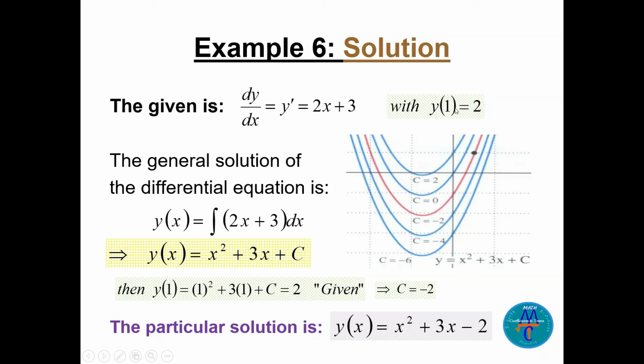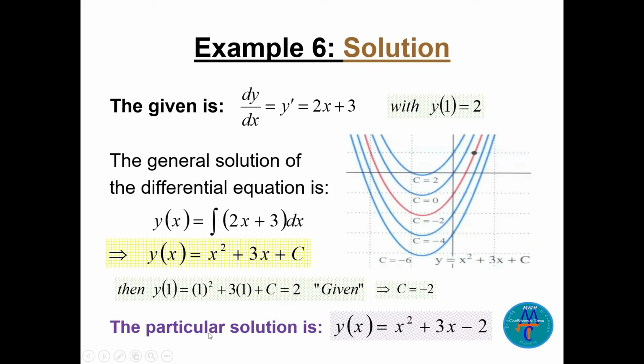But since we have a condition, initial value, y of 1, so I can put here y of 1. So I put, instead of x here, I put 1 squared plus 3 times 1 plus capital C is equal to 2. It's given here. All right? So C will be minus 2 because 1 plus 3 is 4. Take it on the other side, minus 4 plus this 2, C will be minus 2.